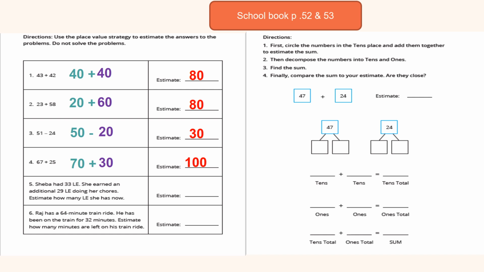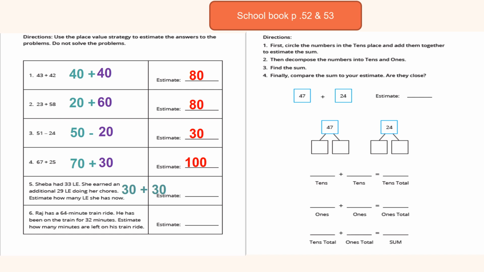Ones is 3, 3 less than 5, so it will be 30. 29, between 20 and 30. The ones is 9, 9 more than 5, so we will go to next door. So 29, it will be 30. 30 plus 30 equals 60.